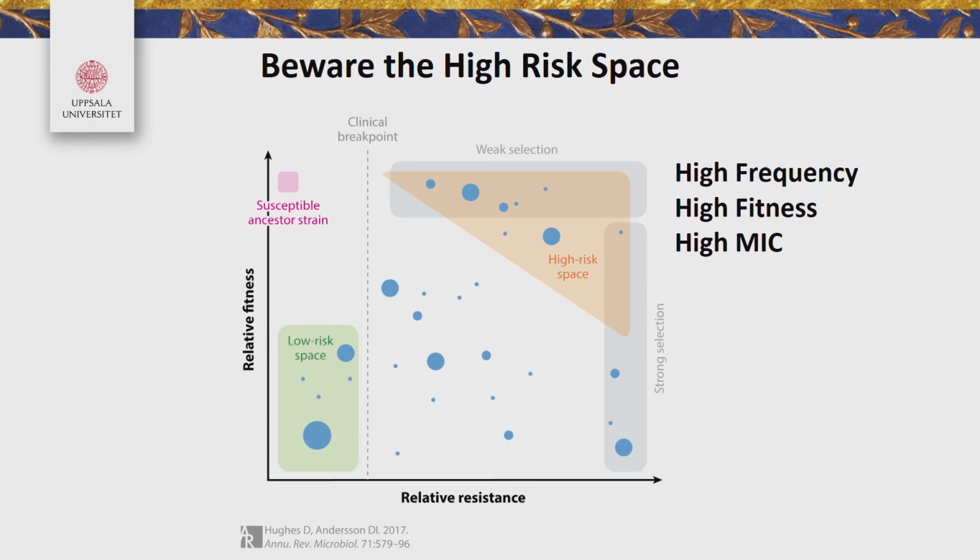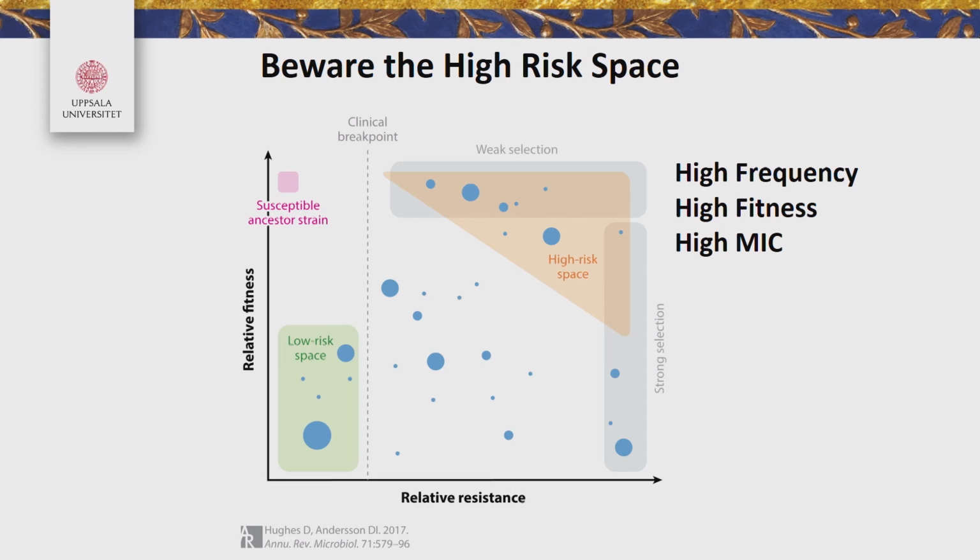Okay, so I'm going to sum up with a little bit of a summary slide here. This is an image from a review. On the left side here, we have relative fitness, and on the bottom, we have relative resistance. These blue circles represent mutations arising, and the size of the circles indicates the frequency of the mutations.